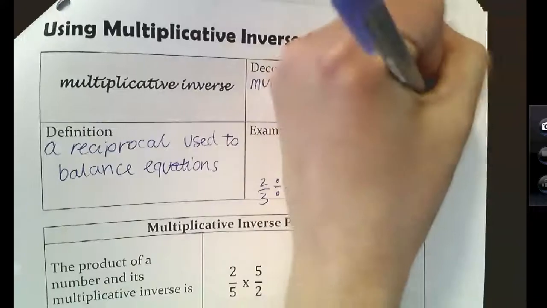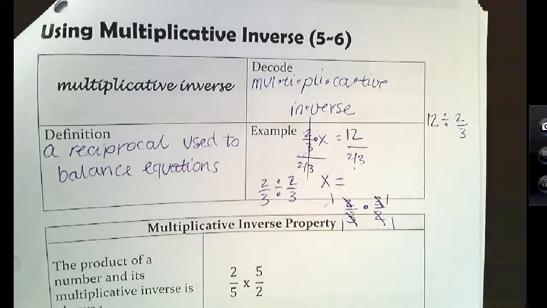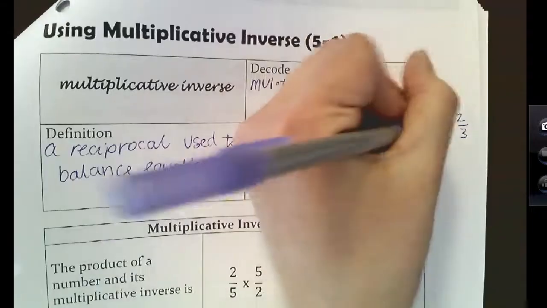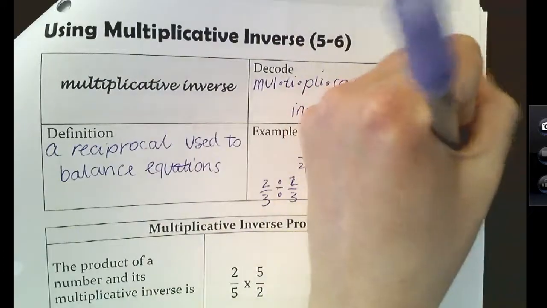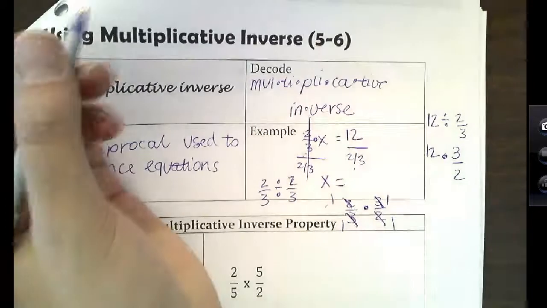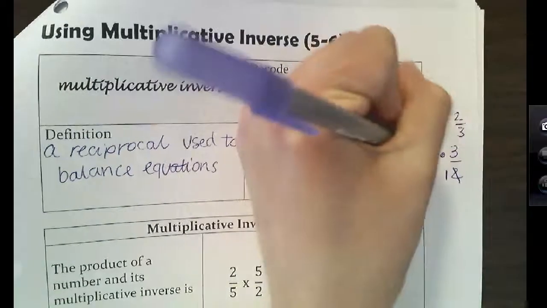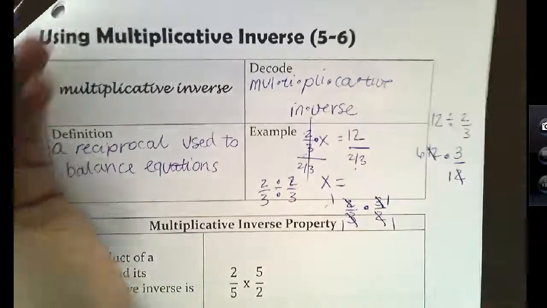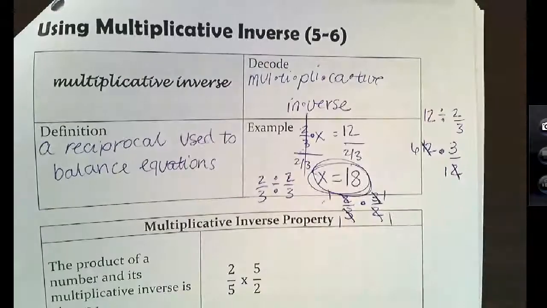So if I write that off to the side, I have 12 divided by 2/3. So I'm going to keep, change, flip. What can you cross cancel? The 2 and the 12. So we get a 1 and a 6. And what's 6 times 3? 18. So you get 18 for your final answer there.